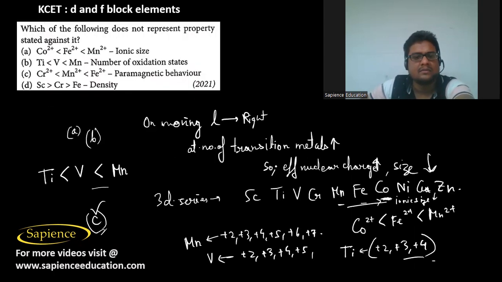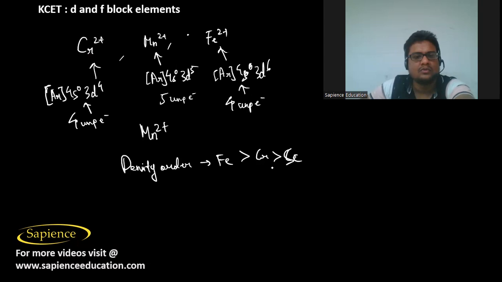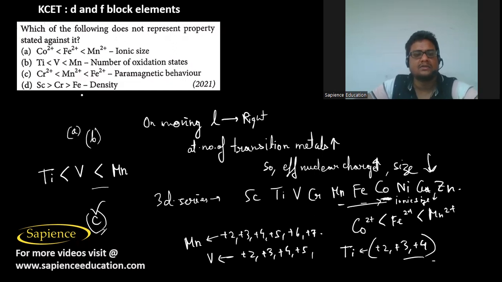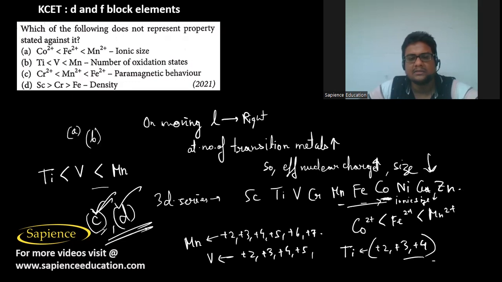So scandium will be lesser than chromium, and chromium lesser than iron. So it means that it is the reverse order which has been told. So C and D both are wrong statements. So option C and D both are the correct answers.